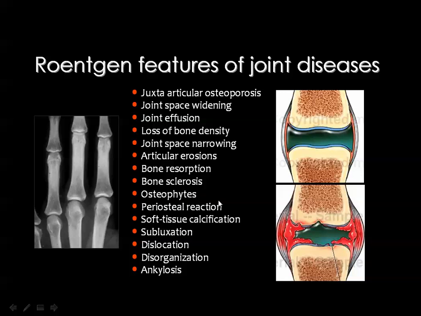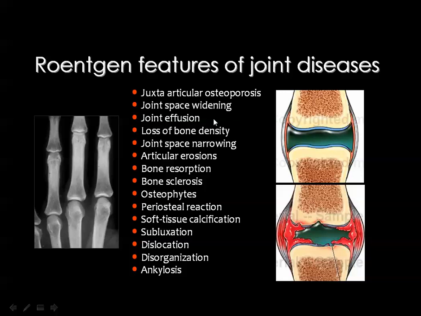These items include number one, juxta-articular osteoporosis, or decreased bone density of the bones near the joint, here in the articulating bones. Then joint space widening, which is usually secondary to synovial hypertrophy and joint effusion.